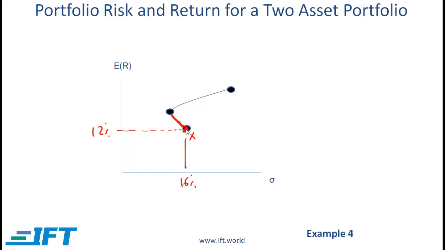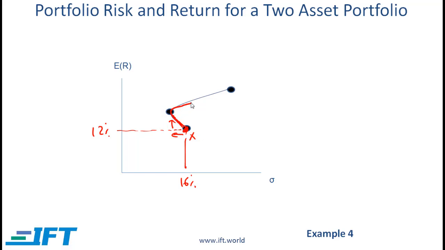Diversification benefit means that you can increase your return while decreasing the risk. So notice we are moving to the left, which means risk is going down, and we are moving up, which means that the expected return is coming up.